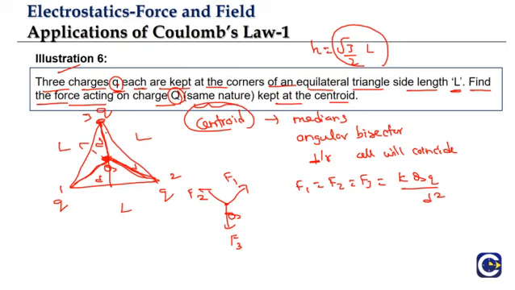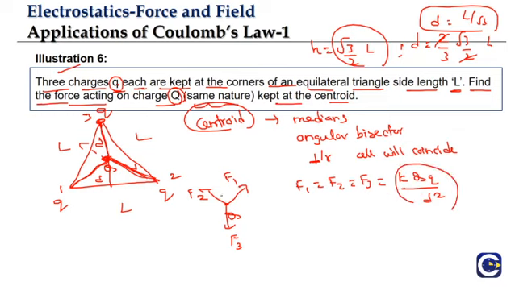The centroid divides the median in the ratio 2:1. So the value of d will be 2 by 3 into h, which is root 3 by 2 L. So finally the value of d is going to be L by root 3. So we can find the value of d in terms of L, but here we will not be requiring the actual value of d. The forces F1, F2, F3 are equal forces, and each of these angles here is going to be 120.